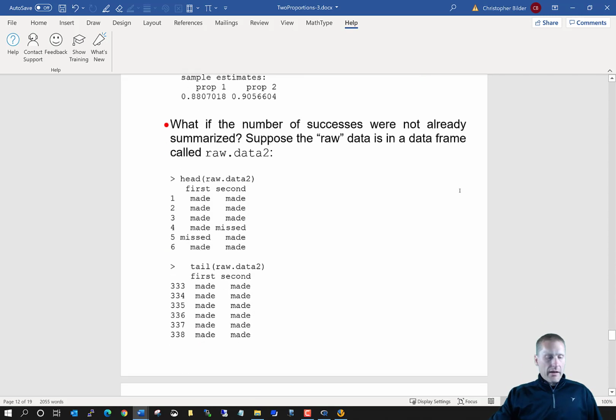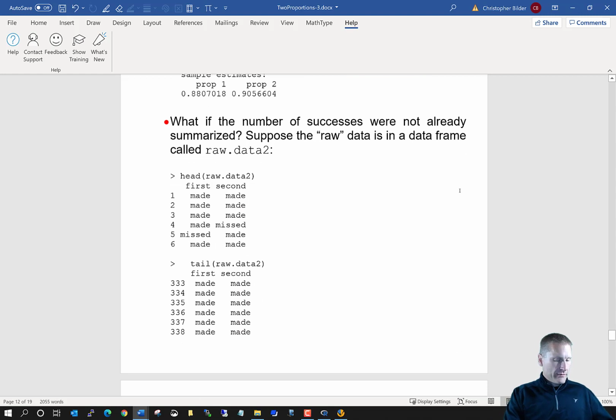Okay. This takes us then to page 16. Now, sometimes when you do an experiment, let's say like this, or you get the data from someone else, the data will be structured in the following format relative to the Larry Bird data set here.